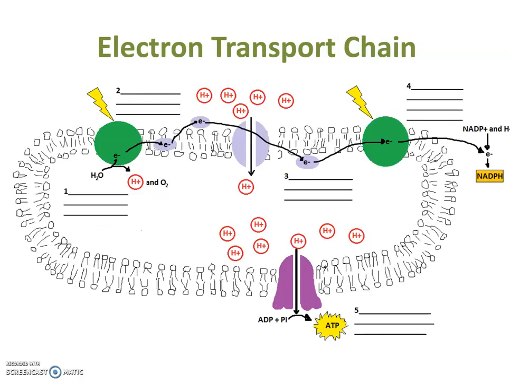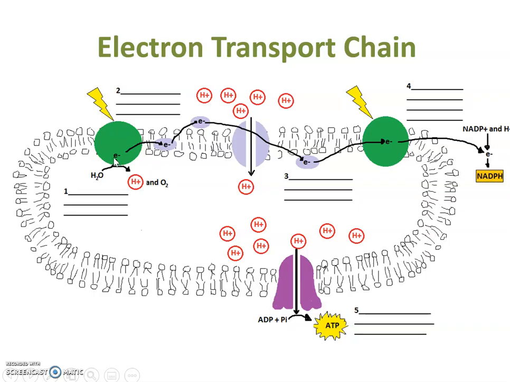So here's our electron transport chain and what is happening during these steps. Basically, water is splitting during part 1 into H pluses and oxygen. It is stimulated by light.